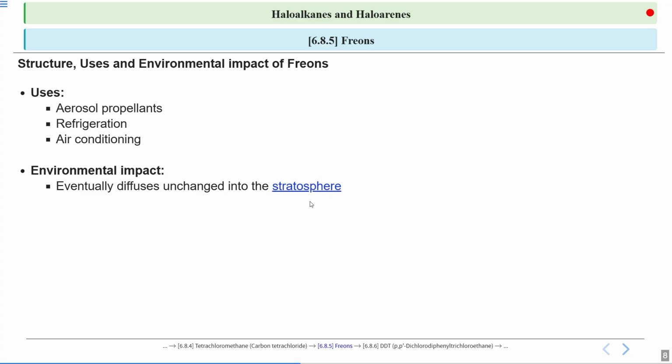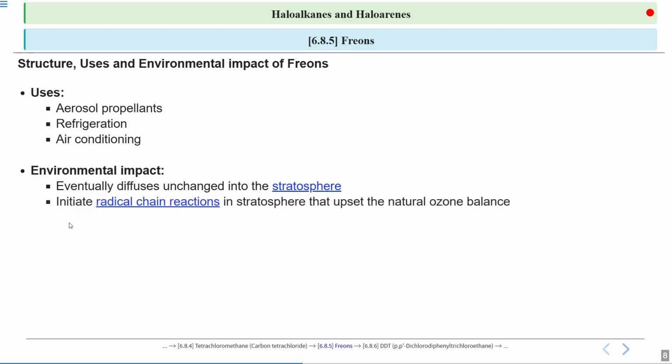So when we use freons in our daily life, in refrigeration or air conditioning, they eventually diffuse unchanged into the stratosphere and initiate radical chain reactions that upset the natural ozone balance.